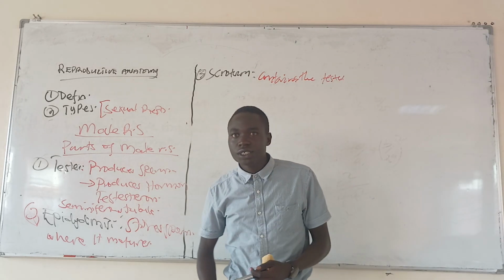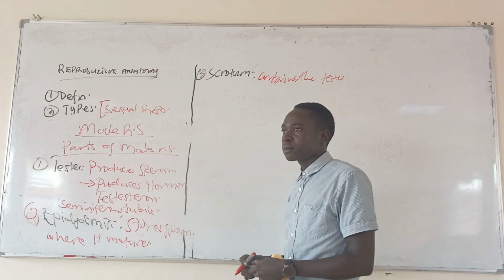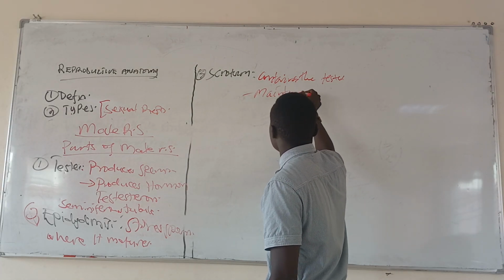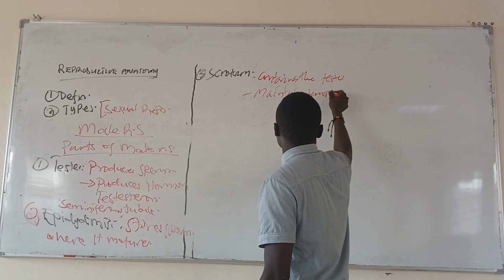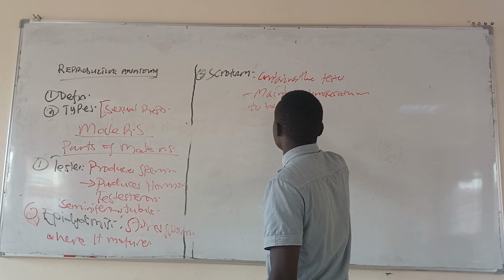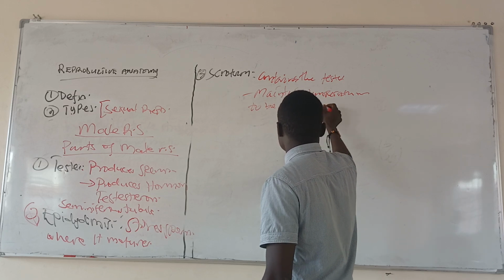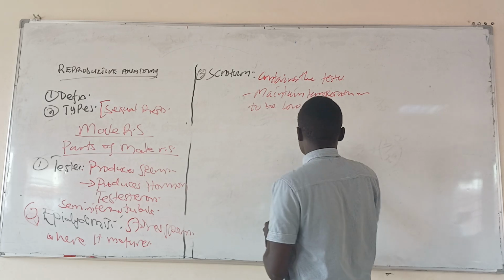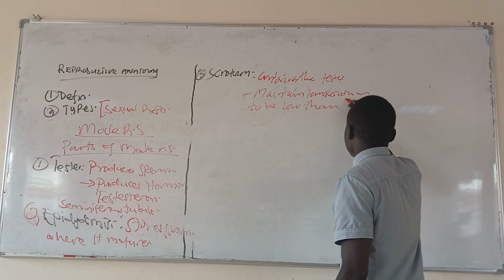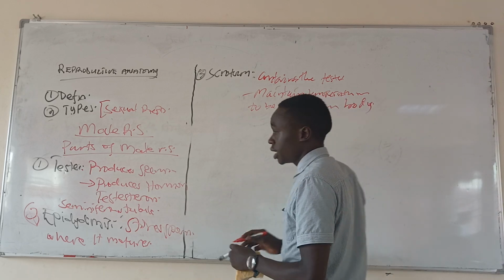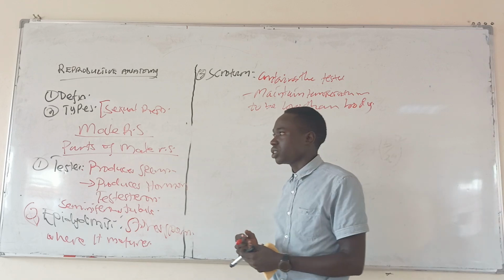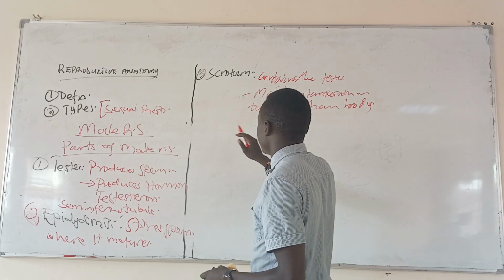Also, since it is the lower part of the body, it maintains a temperature lower than that of the body. So the sperm stays at a temperature lower than that of the human body.